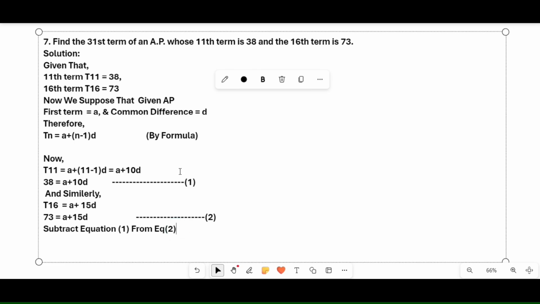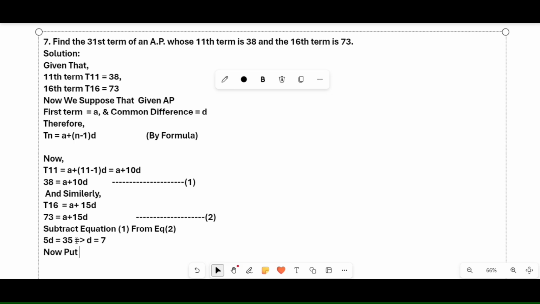When we subtract, A and A will be cancelled. 15D minus 10D is equal to 5D, and 73 minus 38 is equal to 35. So 5D is equal to 35, and we can say D is equal to 7.